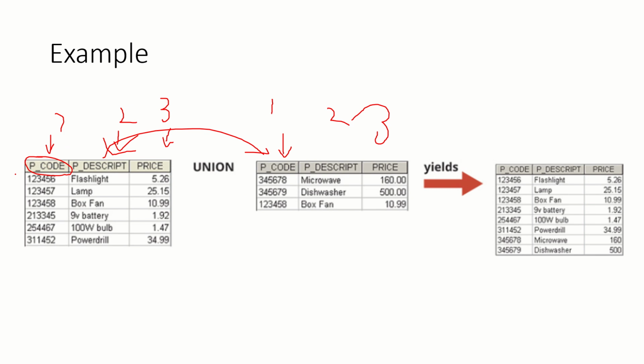Second, they need to make sure the domain is the same. The first column is number, the first column is number. The second column is string, the second column is string. The third column is price, which is the currency format with only 2 floating points.